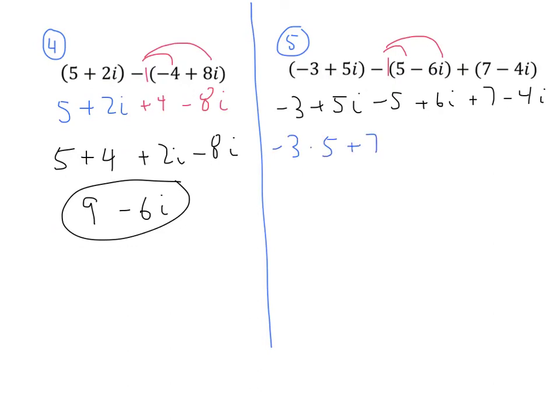And now we're going to combine the imaginary components, right? So that's plus 5i, plus 6i, and minus 4i. So final answer, negative 3 minus 5 is negative 8, plus 7 is negative 1. And then the imaginary part, that's going to be plus 7i. Okay, so this right here is my answer, negative 1 plus 7i.